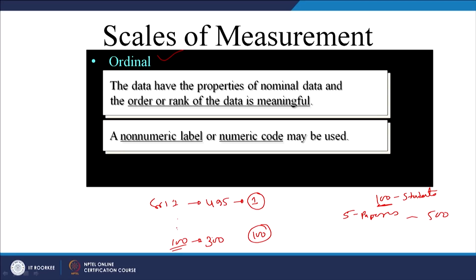Now, the fellow who is at second rank has more features or more characteristics than the next fellow, but the rank order does not tell you how much is the difference between the rank 1 and rank 2 students as far as marks are concerned.